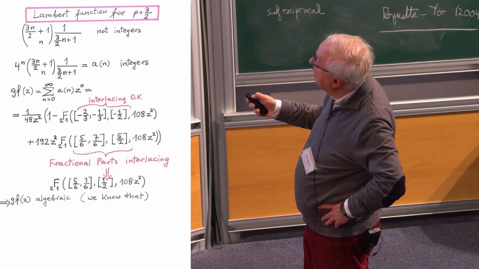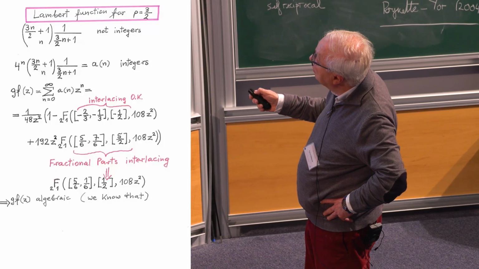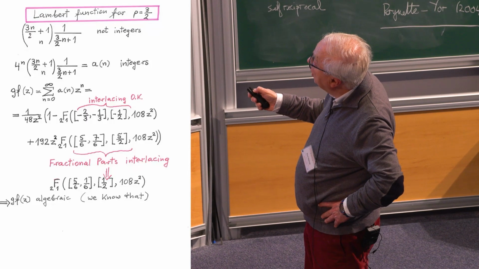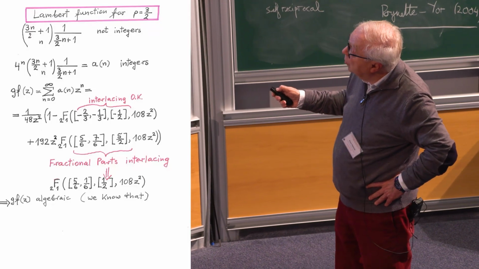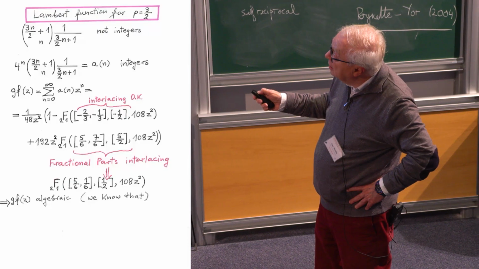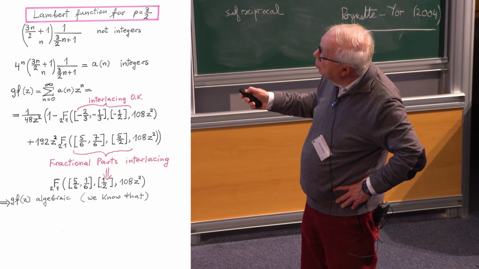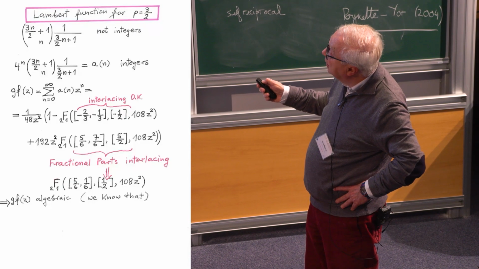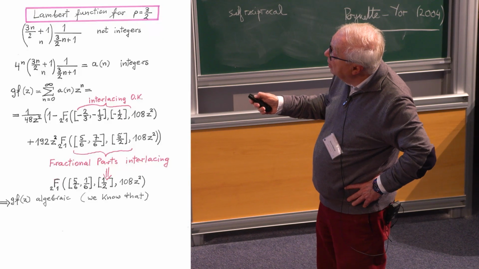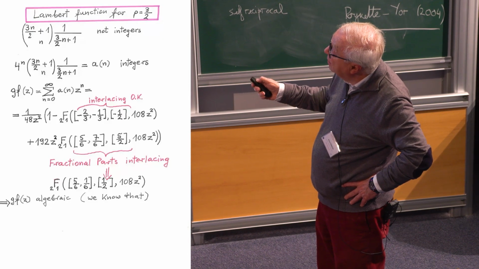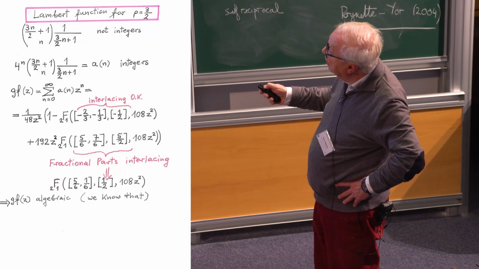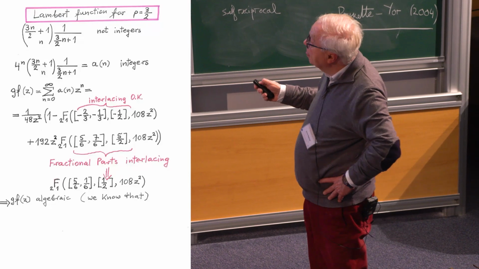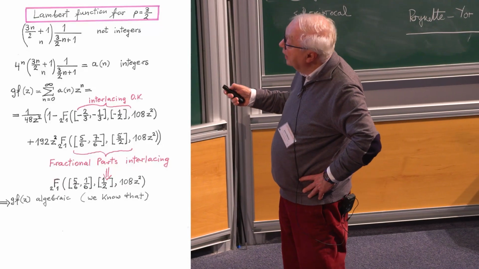Here you see these Lambert numbers for 3/2, but they are not integers. To transform them into integers, you multiply by 4 to the power n, and then you get integers. So now I am calculating the generating function of these fractional Lambert numbers.